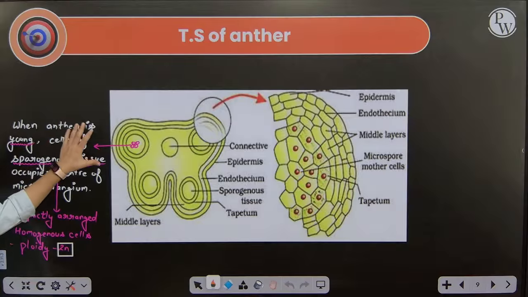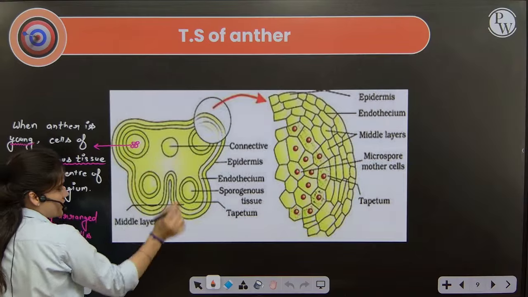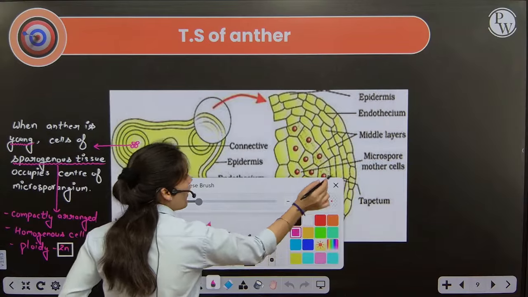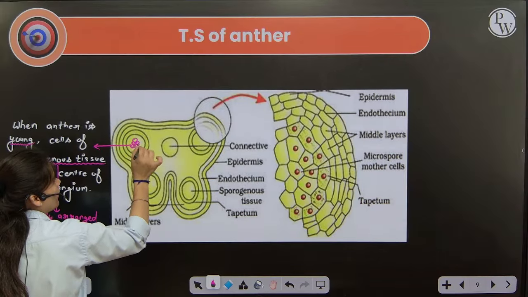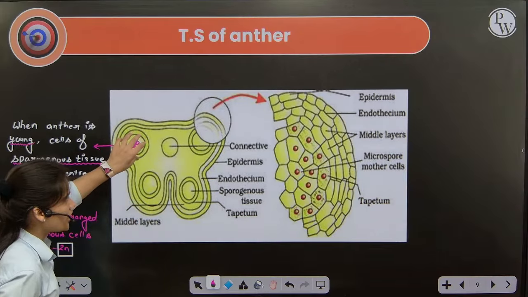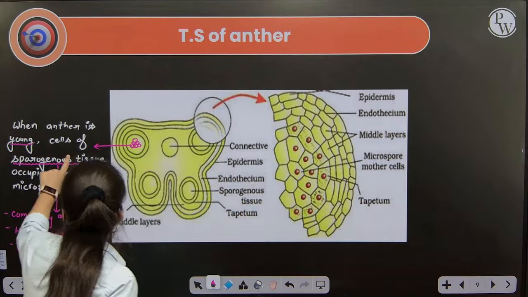When anther is in young condition, what happens? There are some cells which occupy the center of microsporangia.